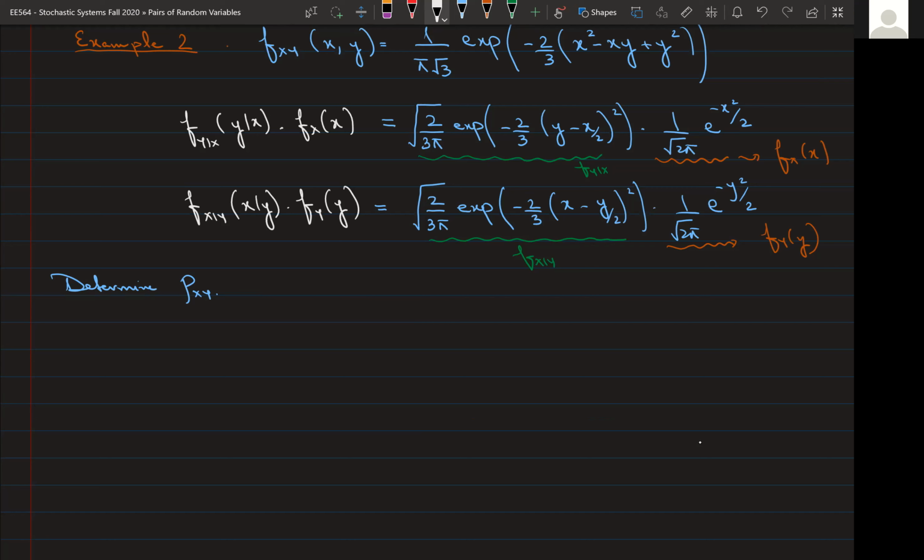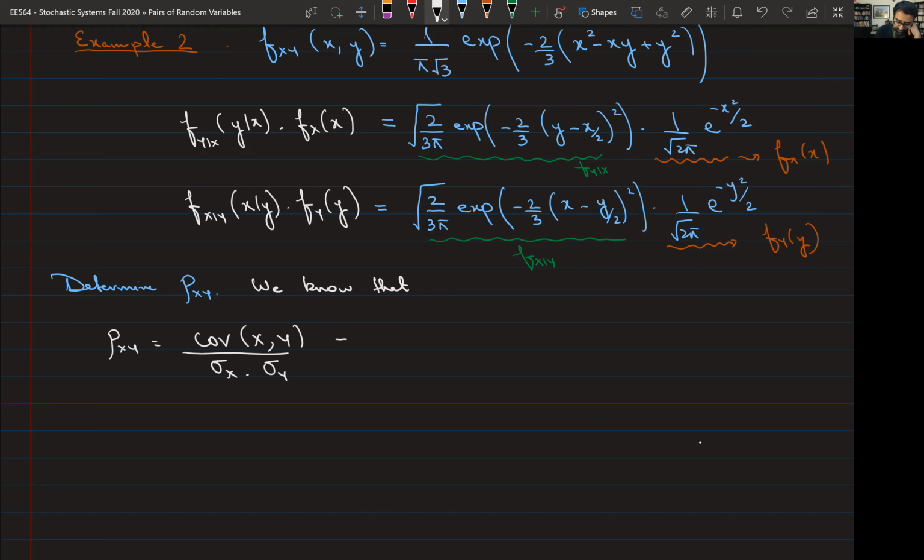It is the covariance of x and y divided by the standard deviation of x times the standard deviation of y. Good. Exactly. So we know that the correlation coefficient is equal to the covariance between x and y divided by the standard deviation of x multiplied by the standard deviation of y.